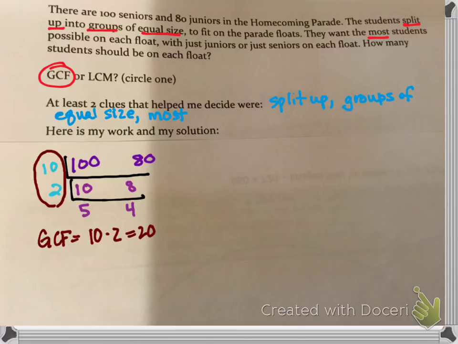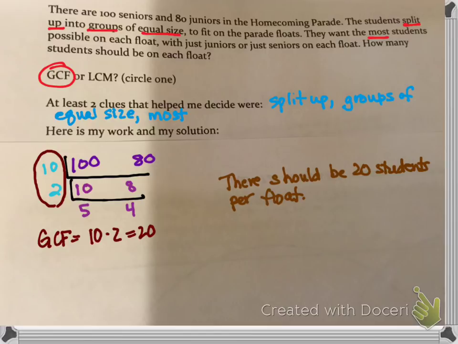Okay? So how many students should be on each float? What this says for my final answer, there should be 20 students per float.